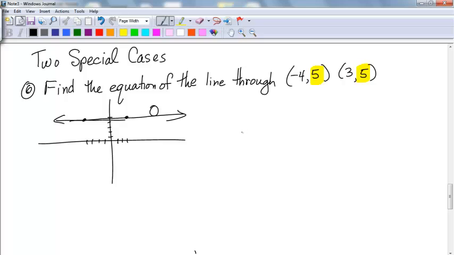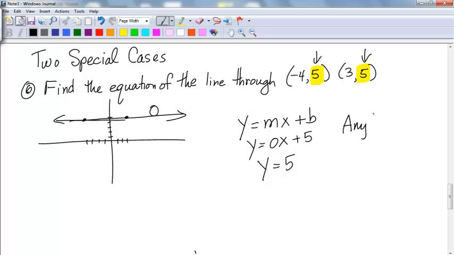If you think about y equals mx plus b, this would be 0, so that term's going to drop out. Where does this line intersect the y-axis? At 5, right? So any horizontal line is always going to be y equals a number.